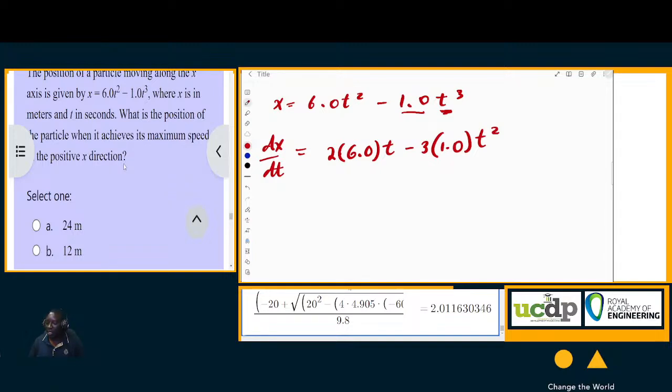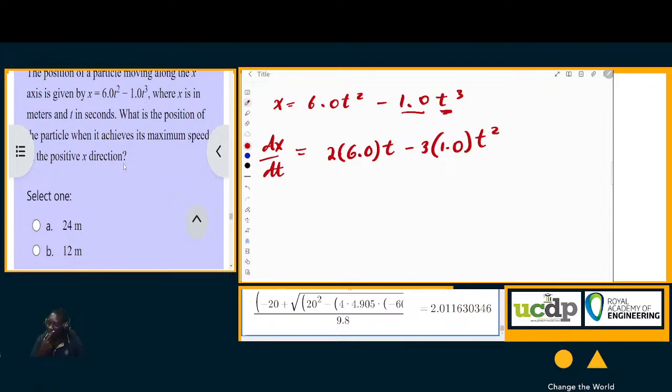Can you see that the velocity is not constant? The velocity is changing. So what does it tell you about this particle? It accelerates. When velocity changes, the particle accelerates. When we get to maximum speed, what does that tell you about acceleration? It stops accelerating. There's no acceleration.